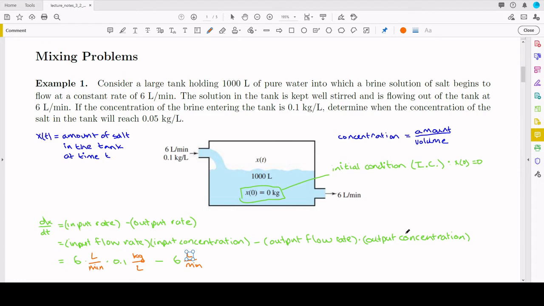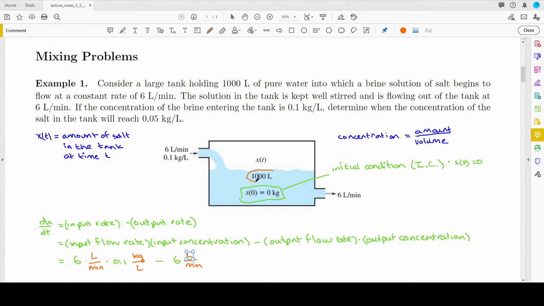And then we have the output concentration. Now, that is not given here, right? We only have the output flow rate that's given here. So for the output concentration, we have to look at concentration, which is the amount over the volume. Now, here we have a volume of 1,000 liters, right?